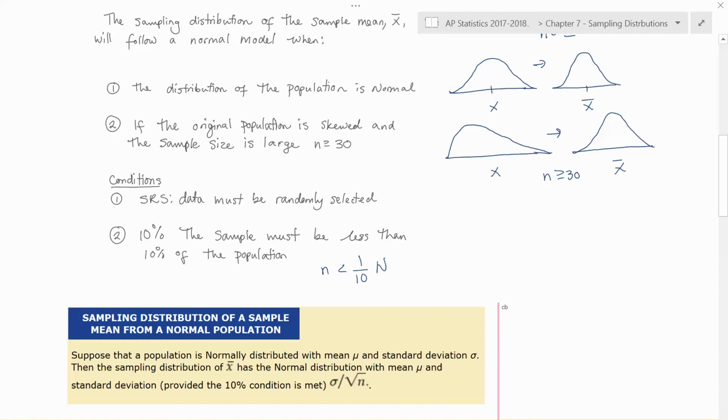Items have to be randomly selected so that there's no change in probability based on previous selections. So for example, if instead of randomly selecting students from Williston's population, I selected a friend group and I observe that the first person selected from that friend group is a day student, that's probably going to give me some information about whether the additional people in the sample are going to be day students as well.